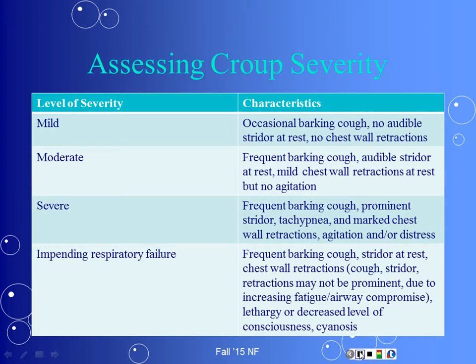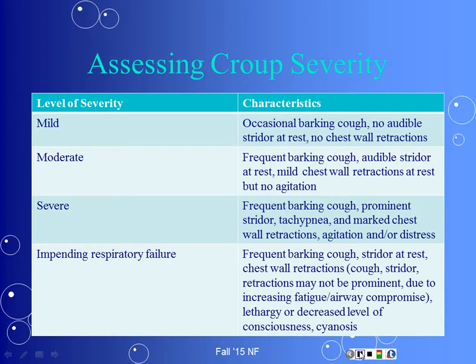When you're assessing croup severity, you're looking at whether it is mild, moderate, severe, or impending respiratory failure. If you've ever seen a kid or heard someone with croup, you don't forget those sounds. They're very distinctive, almost like a seal bark cough. With mild croup, they'll have that occasional barky cough, but no stridor at rest and no retractions.